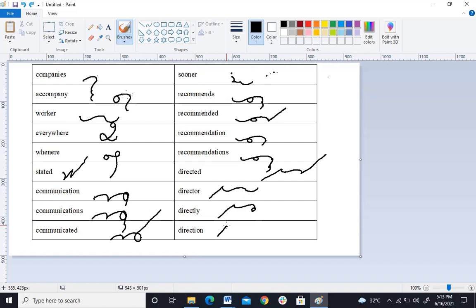Ulit, direct, and then shown. Ulit natin, direction. So, recommendations. Okay, so our strokes are correct. So, these are your strokes for our brief form derivatives. Ayan, check it off.